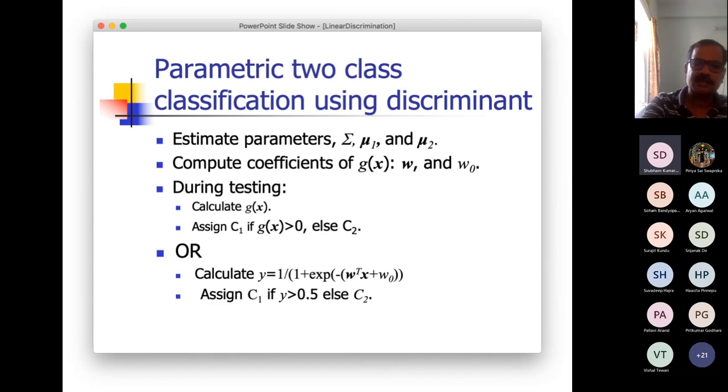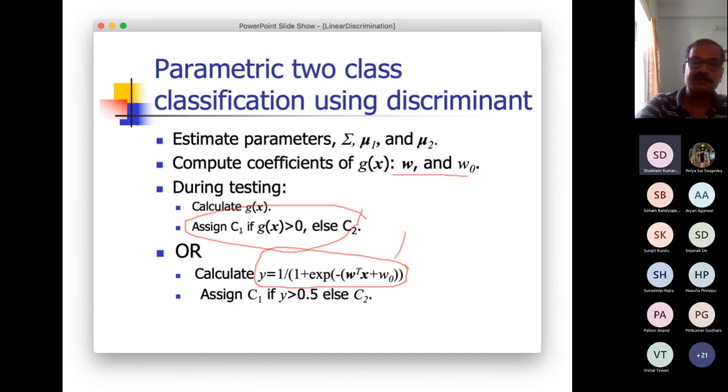Or in the logistic framework, that means when we are considering the logit function, using that w and w naught, we can also calculate the posterior. Earlier, we were not calculating the posterior. In this case, we are simply using this rule for class assignment. But here, we can calculate the probability of C1 given X from this value.